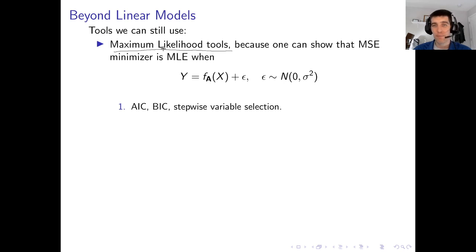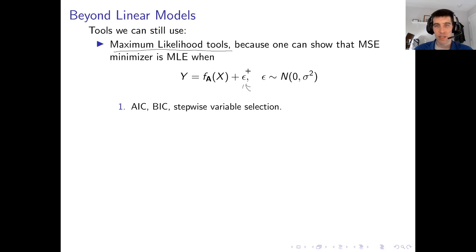And in particular, this is useful in this context, some of these maximum likelihood tools, because we can show that this MSE minimizer is the maximum likelihood estimator when y is some function. So this is the output of my neural network. What this says is the relationship between y and x is you feed x into this neural network, you get y plus some noise epsilon.